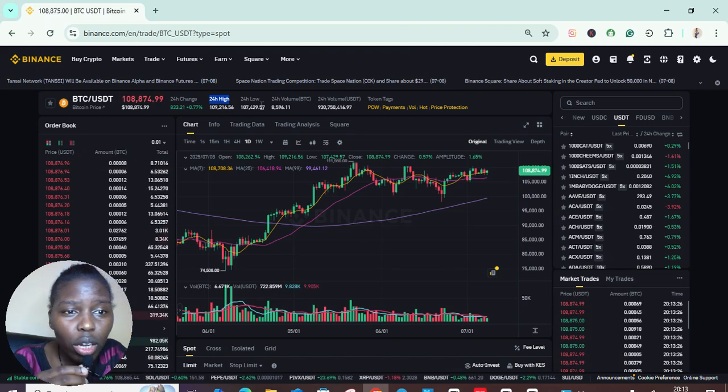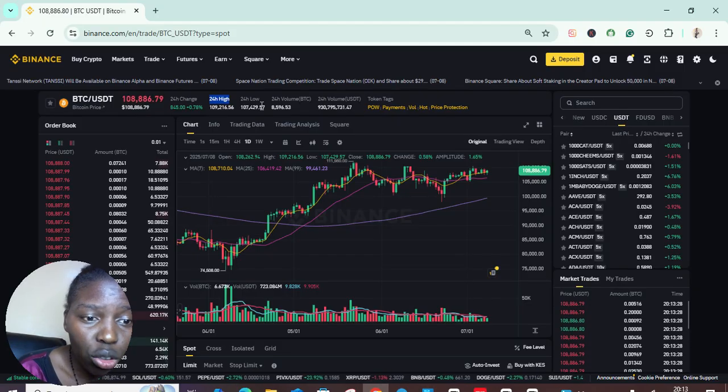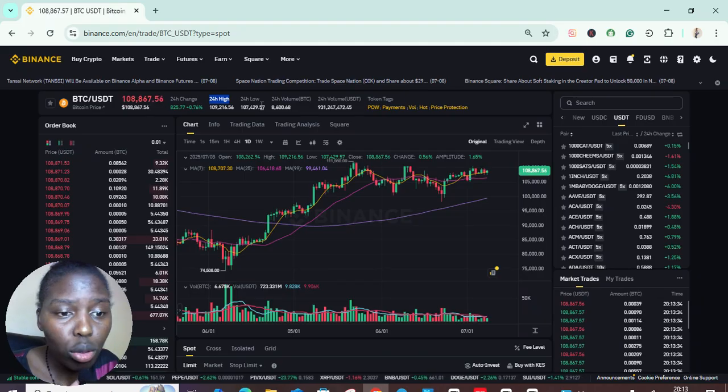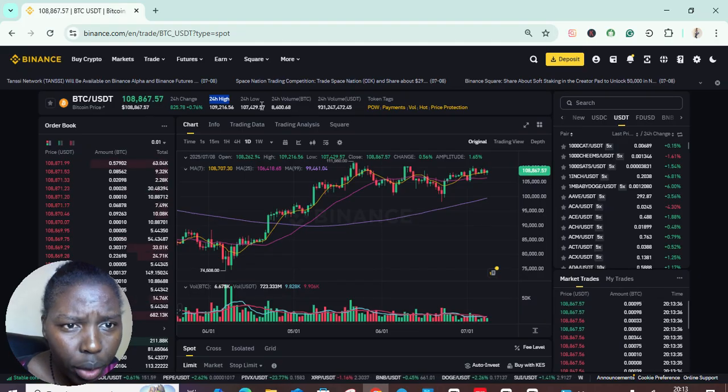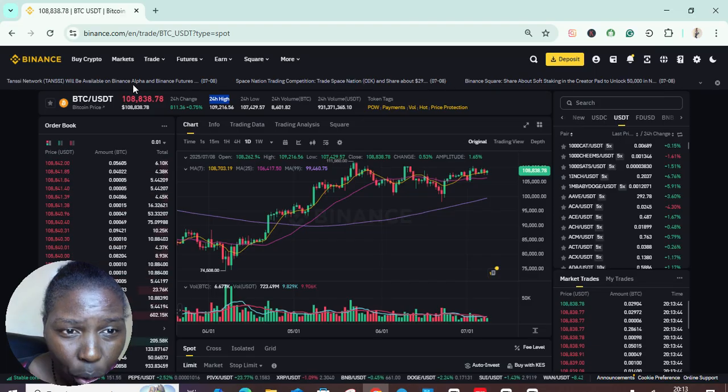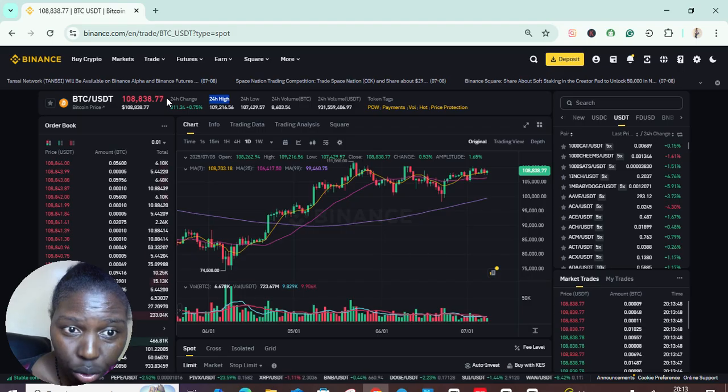Although, by the way, on the spot section, it allows you to buy a fraction of a Bitcoin. You don't need to buy a whole Bitcoin. That's the good thing about spot trading. Currently the Bitcoin price we have said is 108,000. So if you bought at 107,429 and sold it now at 108,838, you'll also get a profit.